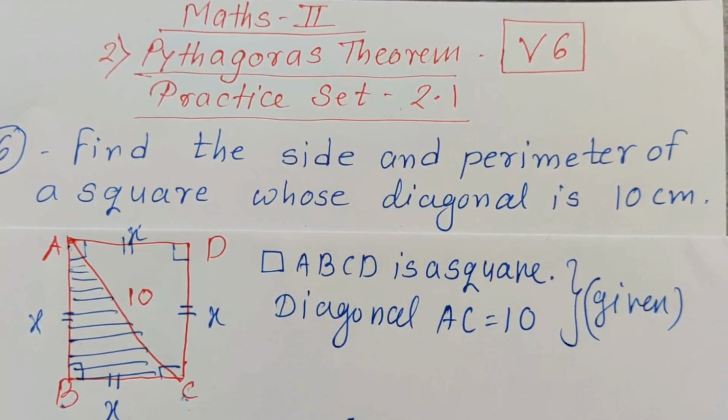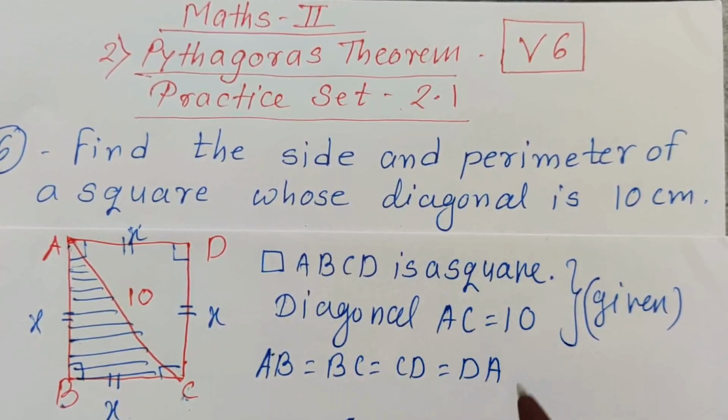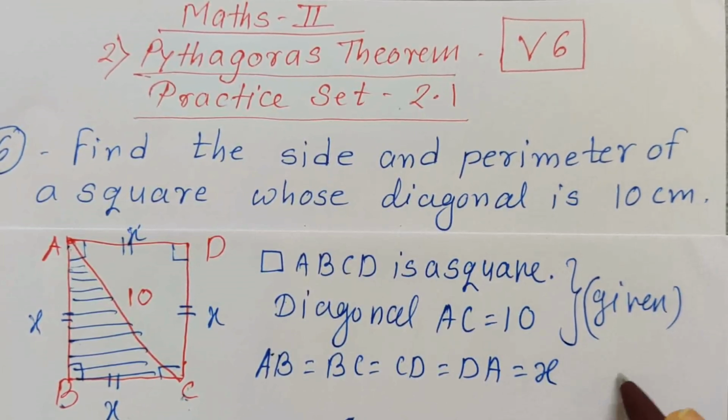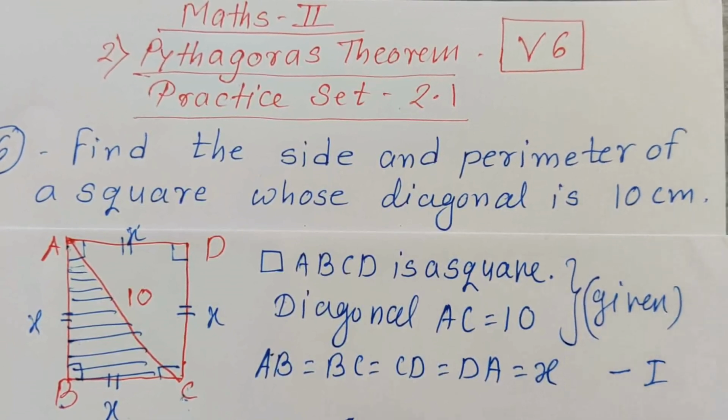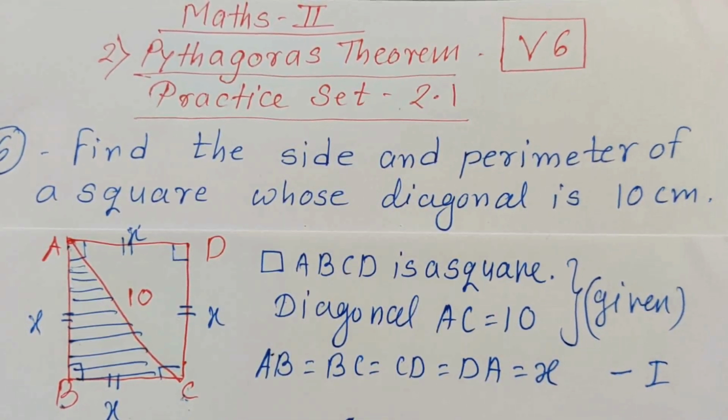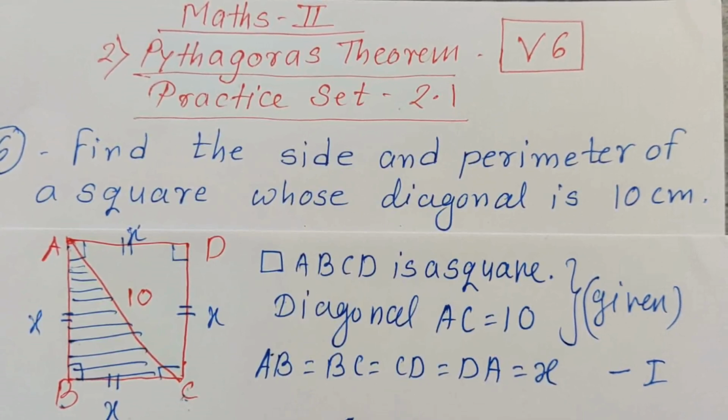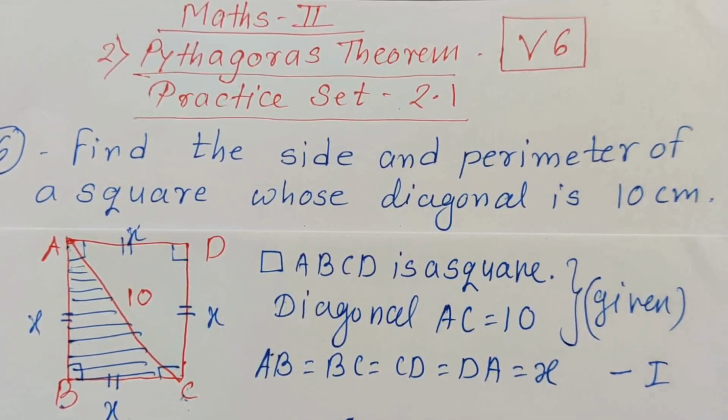Now you know it is a square, so we will write AB equal to BC equal to CD equal to DA. All four sides of the square are equal, and we consider the length of the side of the square as x. So all these four sides are equal to each other and they are equal to length x. This is statement number 1. You can write the reason: these segments are equal to each other because they are the sides of the square.